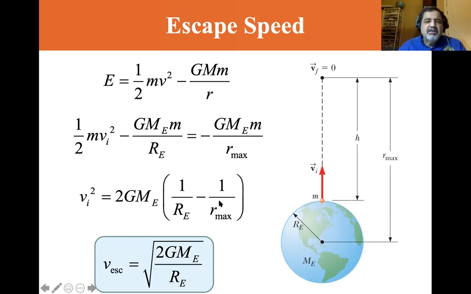It becomes insignificant. So we're left with 2GM times 1 over R_E. So the escape velocity is the square root of 2GM_E divided by R_E, because the r max term becomes insignificant.